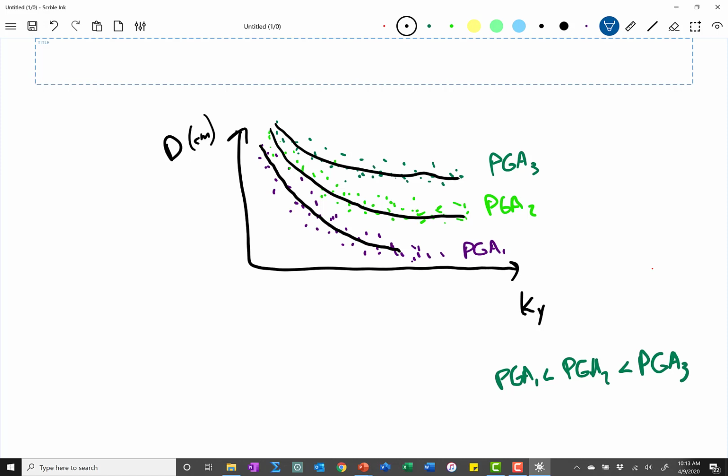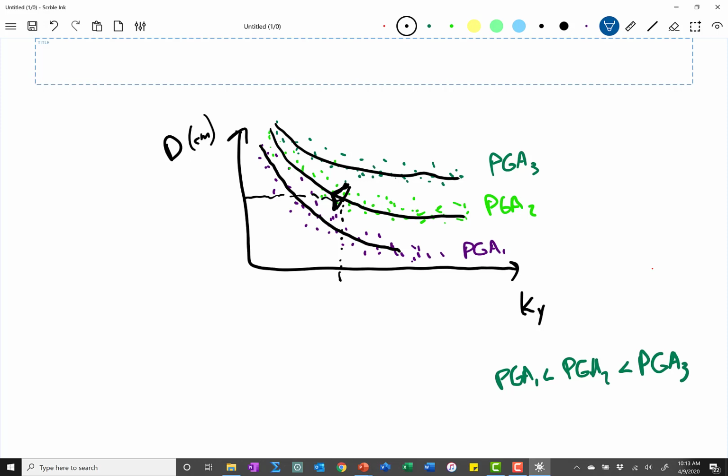The point being, with these simplified models, if you have an estimate of your ground motion and you have an estimate of your yield coefficient, you can go straight to the line and come over and get your estimate of whatever your displacement is. Now remember, it's not perfect. There's scatter here, like we've talked about in the past, okay?